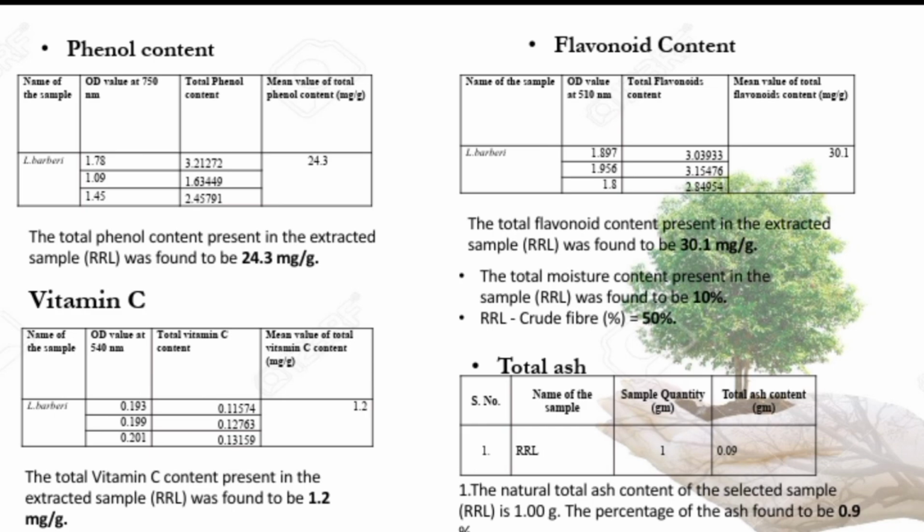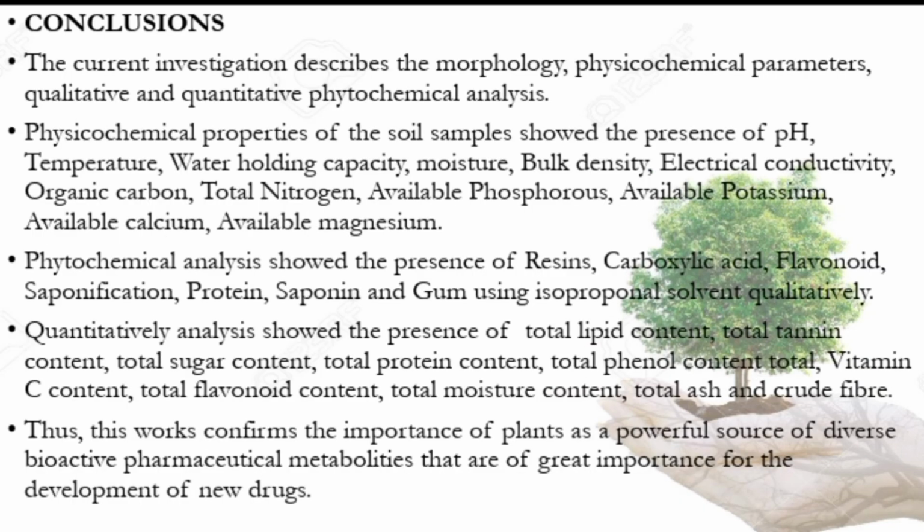The total ash was about 0.9. Conclusion: the current investigation described the morphology, physicochemical parameters, and qualitative and quantitative analysis of the phytochemicals. The physicochemical properties of the soil show the color, texture, pH, temperature, water holding capacity, moisture, bulk density, electrical conductivity, organic compound, nitrogen, phosphorus, potassium, calcium, and magnesium.